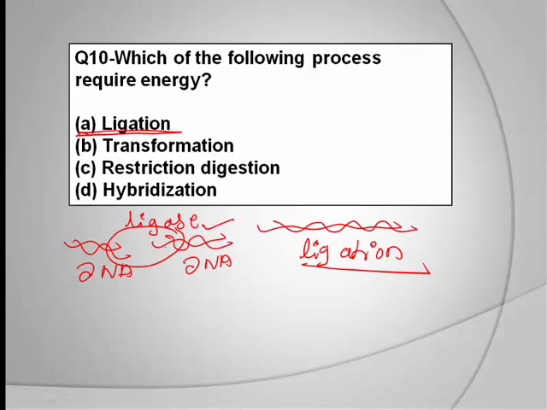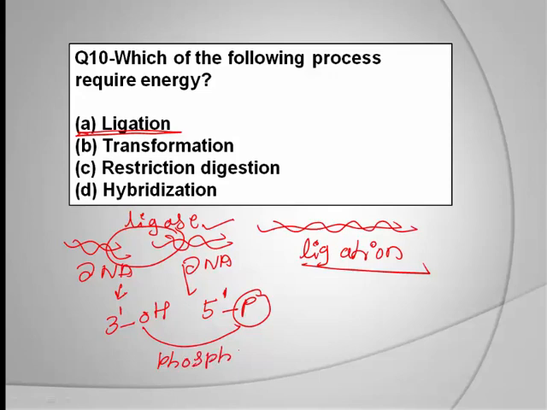Then what happens here? One DNA fragment is providing 3' OH and another DNA is providing 5' phosphate group. Between these two, there is a formation of phosphodiester bond.